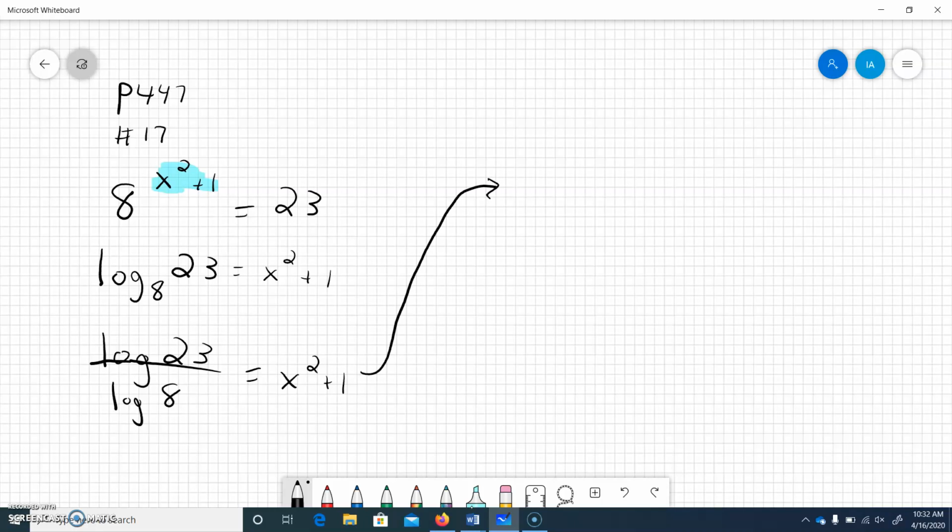So basically, log of 23 over log of 8 is a number. So let's see, 23 log, using my calculator, divided by 8 log gives me about 1.508. So I can subtract 1 from both sides.